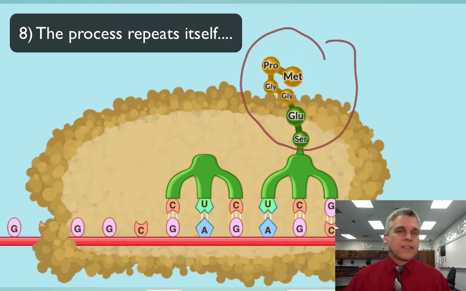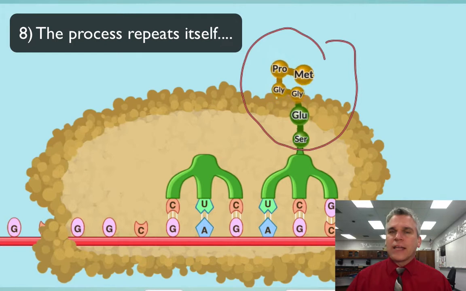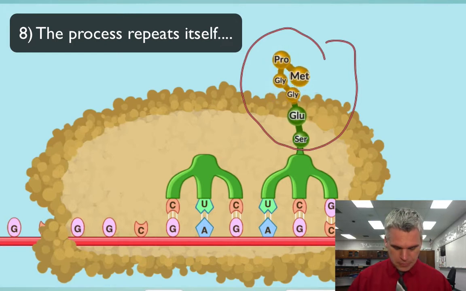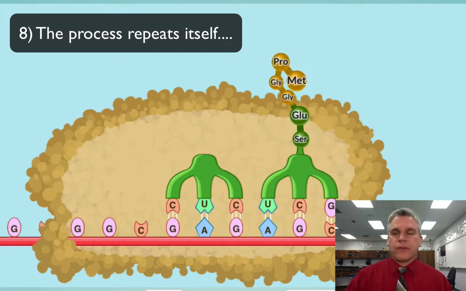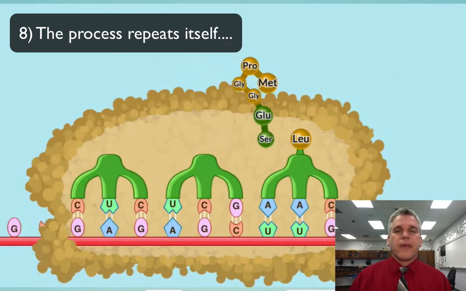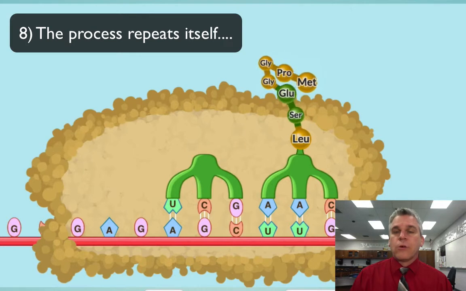Now remember, some amino acids, they don't want to be in contact with water. Other amino acids, they want to be in contact with other amino acids. And so they're constantly shifting around and so on. The UUG codes for leucine, and our protein continues to get bigger.